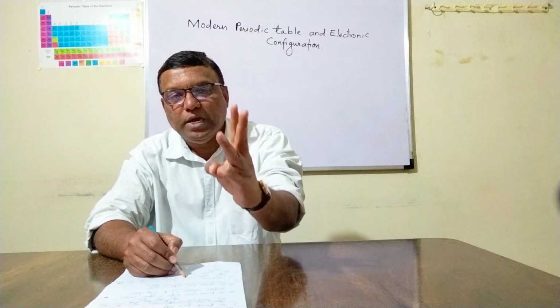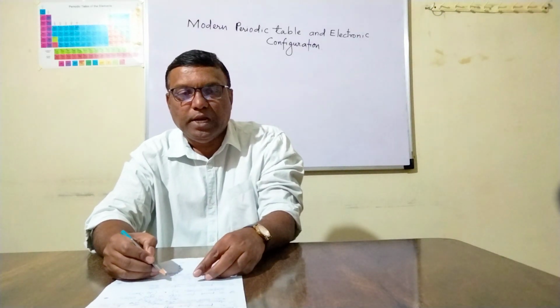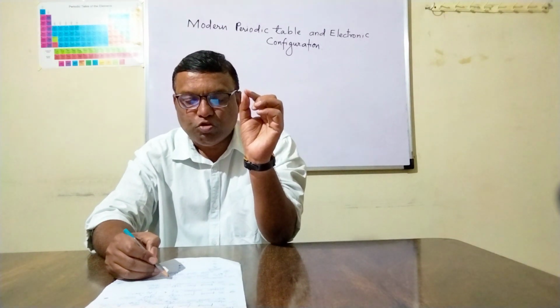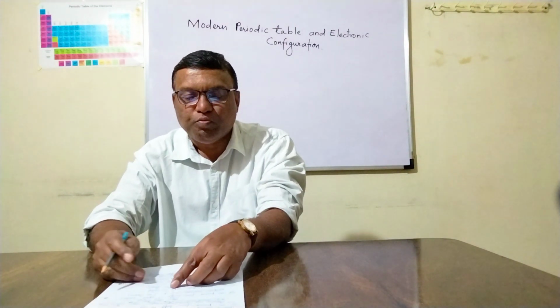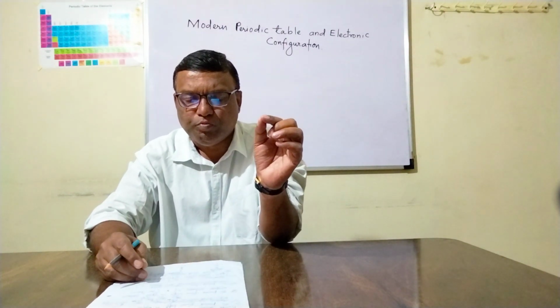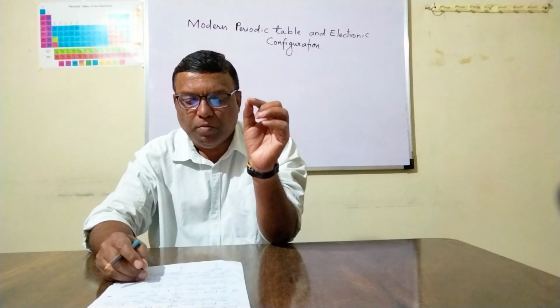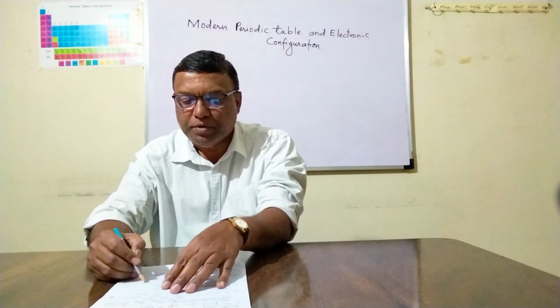Again 3 shells are there. Silicon, electronic configuration 2,8,4. Again 3 shells are present. Phosphorus, electronic configuration 2,8,5. In phosphorus, 3 shells, 3 orbits are present.